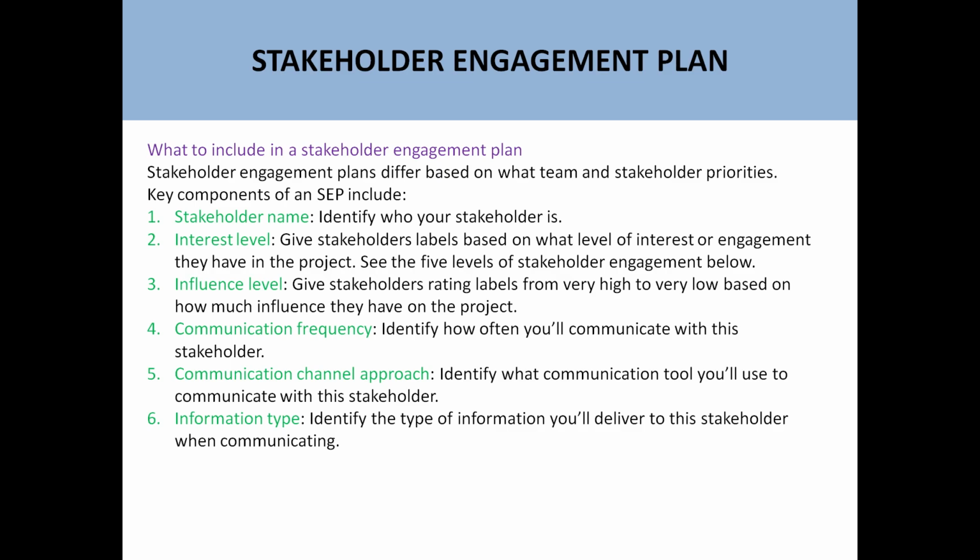Communication frequency describes how frequently you will communicate with him, for example, daily, monthly, weekly. Communication channel approach means you will send an email to him, you will do a status meeting with him, etc. It depends. Information type identifies the type of information you will deliver to this stakeholder when communicating.